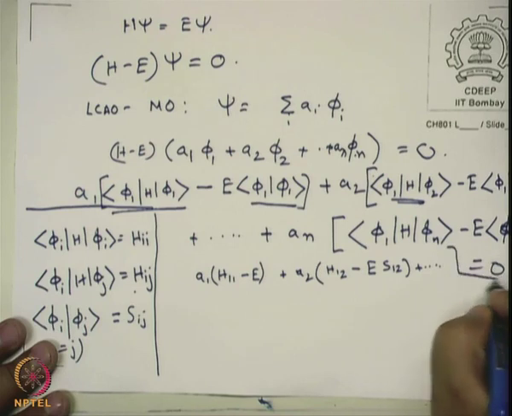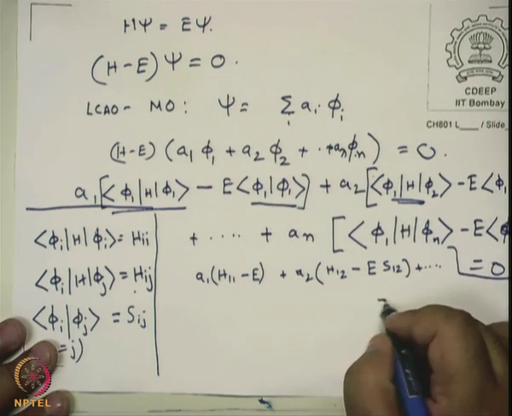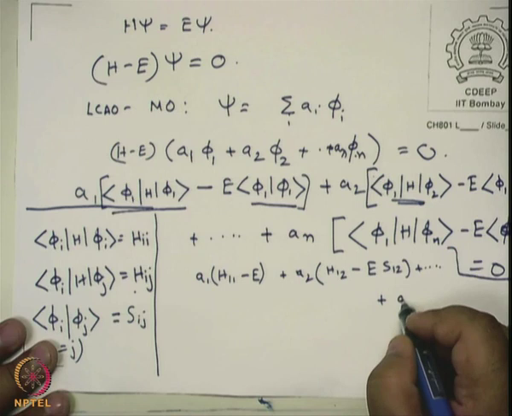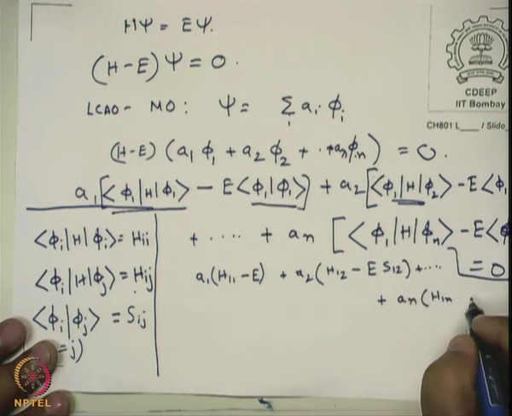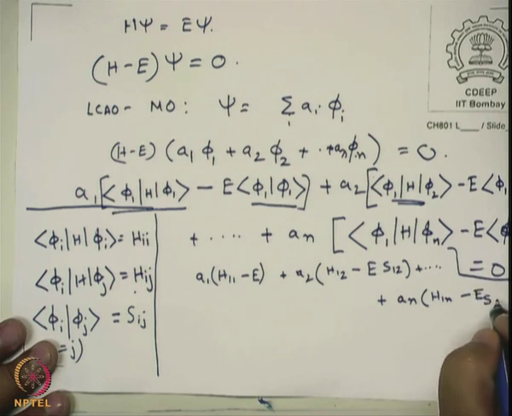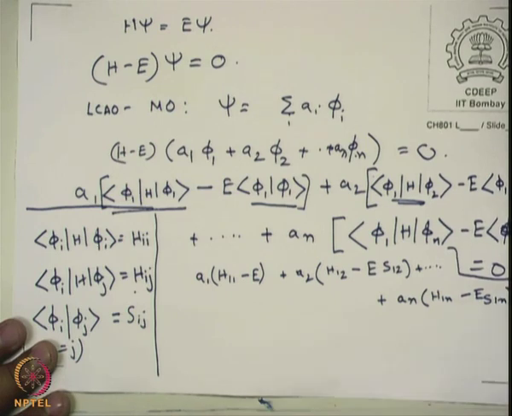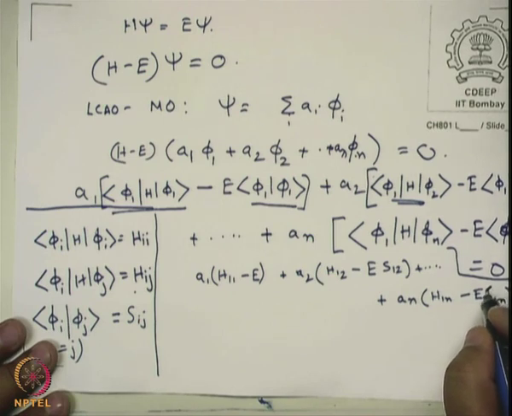I have goofed up a little bit: plus a_n (H_1n minus E S_1n), that is equal to 0. S is not a subscript, I am sorry.